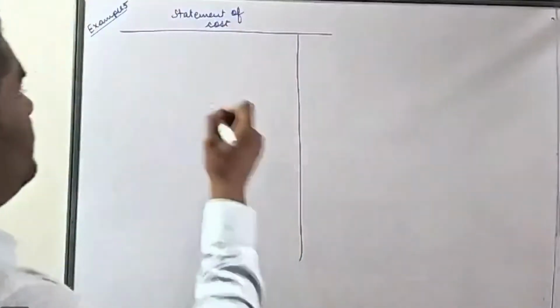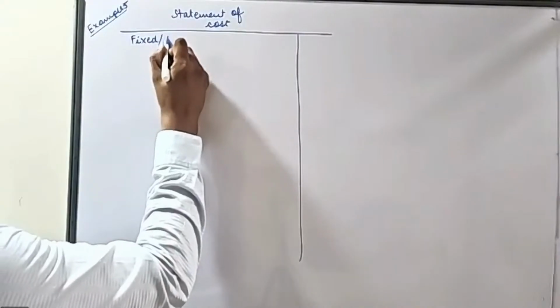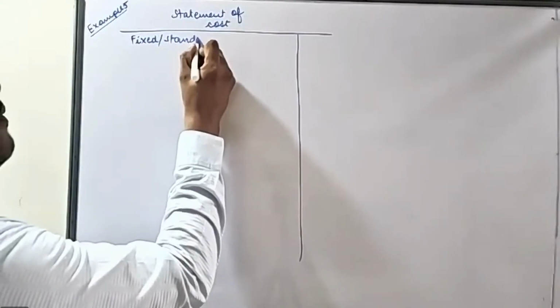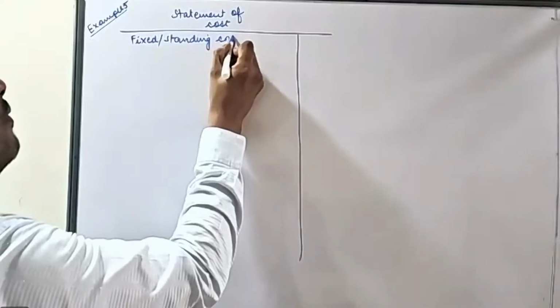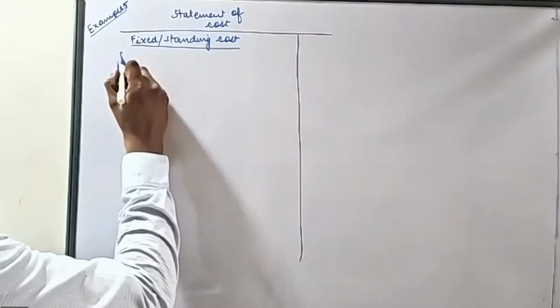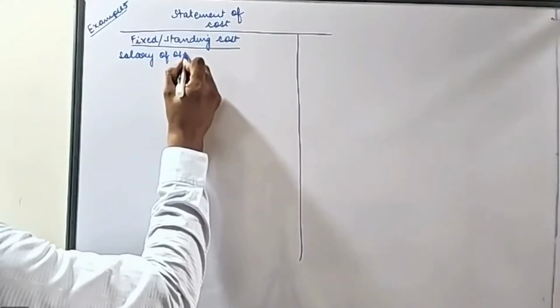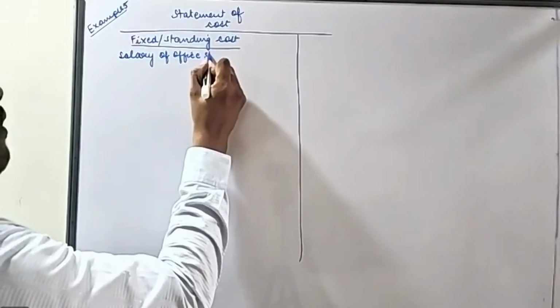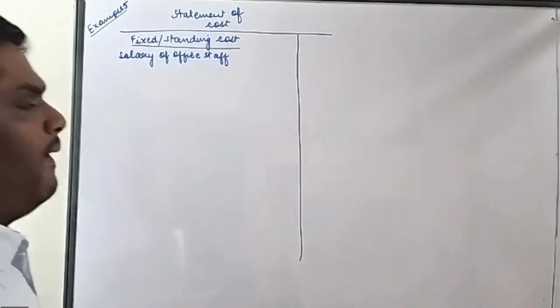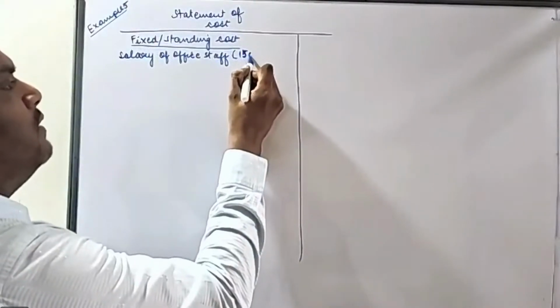Let's start with salary of office staff. It is 15,000 per month. So let's convert it into years.